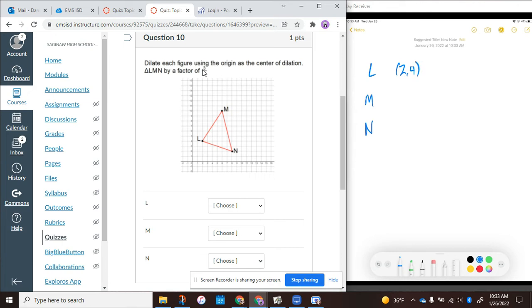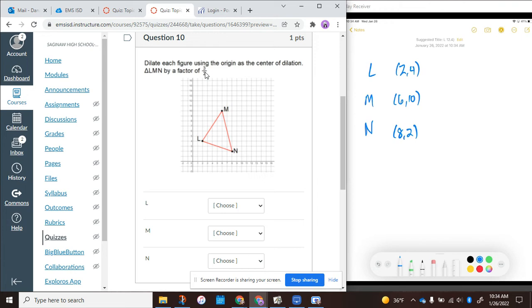M starts off at 6, 10. And N starts off at 8, 2. And what we're doing is we're dilating by a factor of 3 over 2. Okay, 3 over 2 is also known as the number 1.5. Okay, you can leave it as a fraction or you can do it as a decimal.